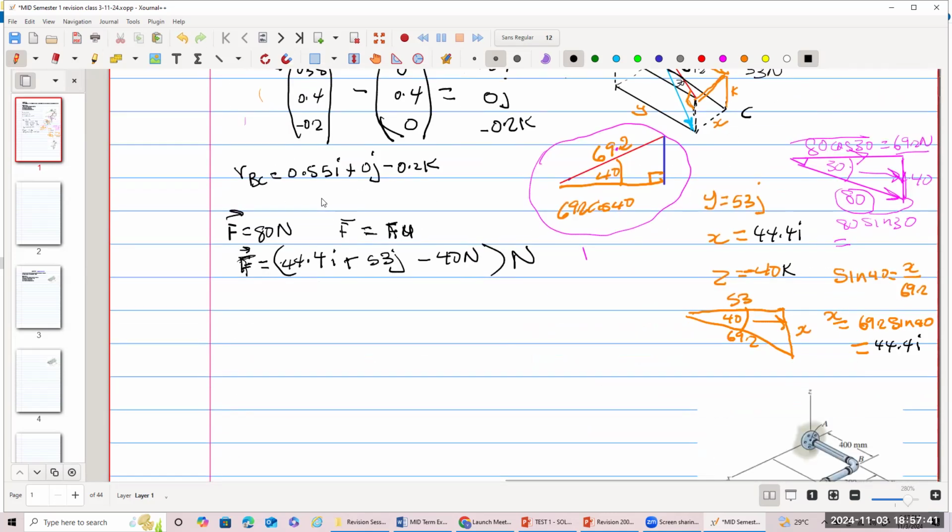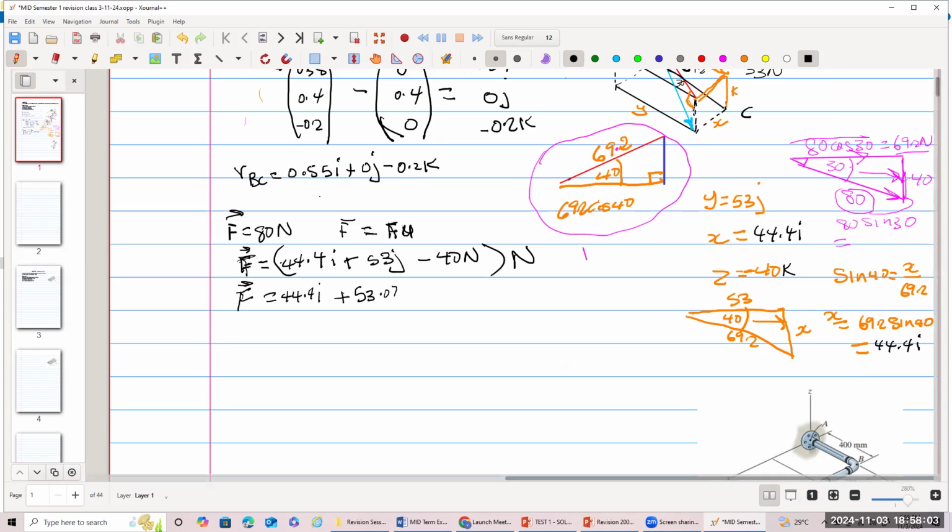So now, what is the next step? Let me write it properly. F in the vector format is equal to 44.4 I plus 53.07 J minus 40 K. All right.